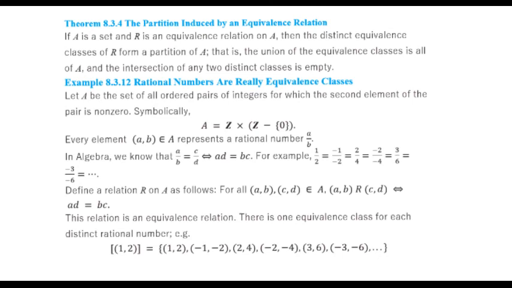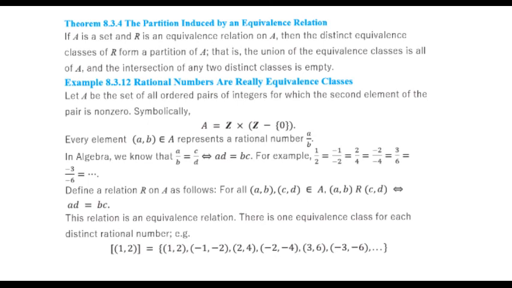This relation, we can prove, is an equivalence relation. I'm going to ask you in the next assignment to prove that this relation is an equivalence. It means that you need to prove that it is reflexive, symmetric, and transitive.